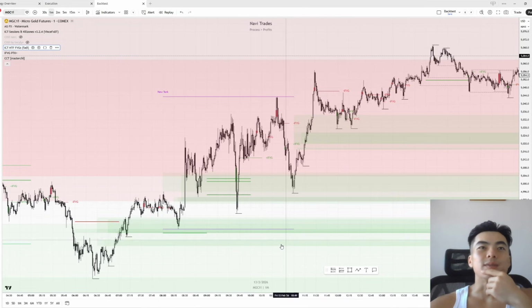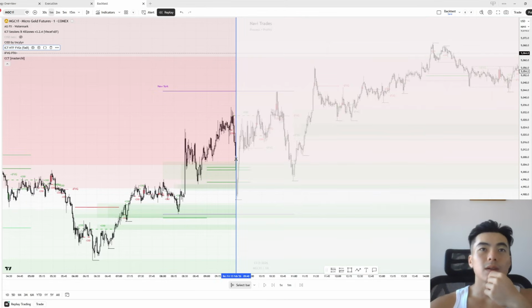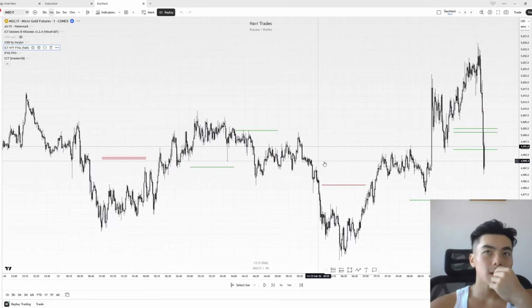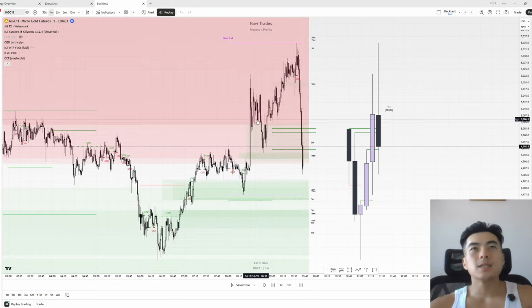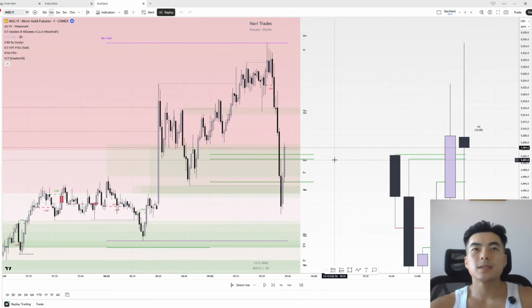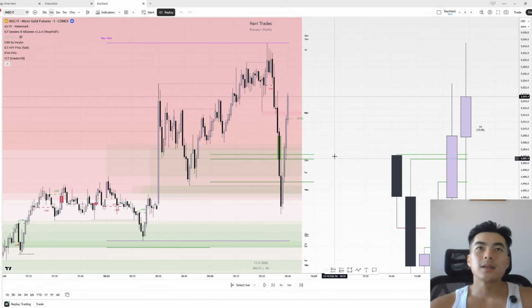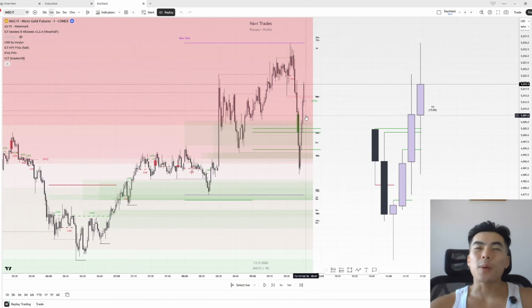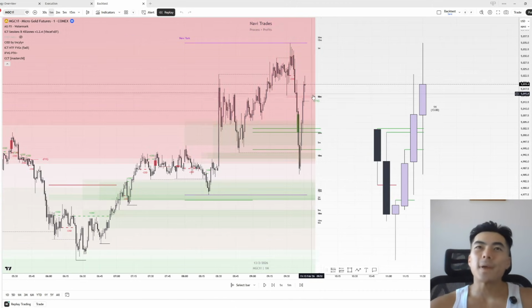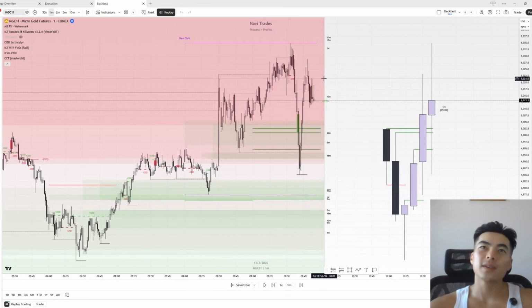Okay, let's see. It might be something in gold. Yeah, so there was a setup, but it's going into a bunch of bearish FVGs, so I wouldn't take that.